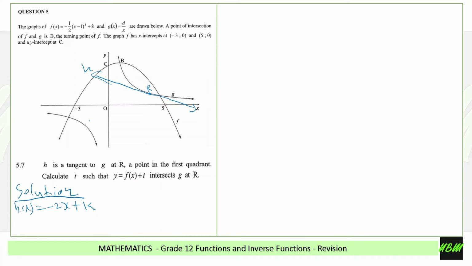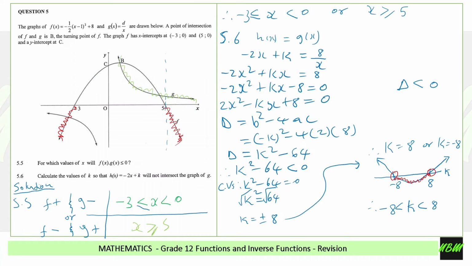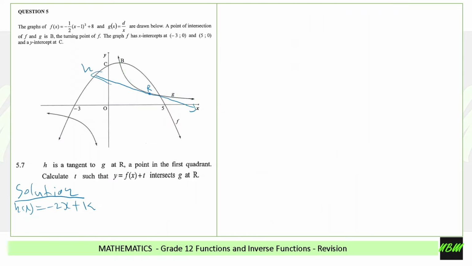Now, from question 5.6, we said k will be between minus 8 and 8 when the graphs of h and g do not intersect.